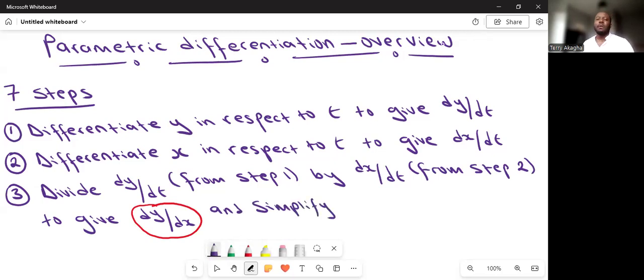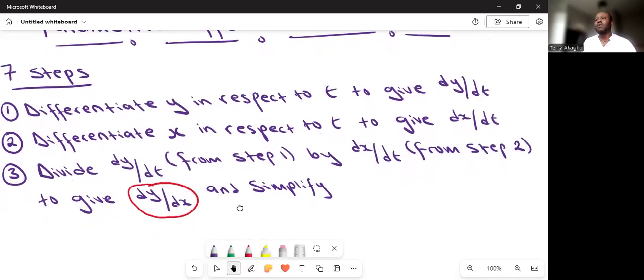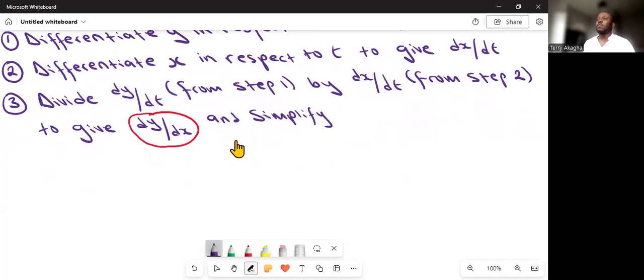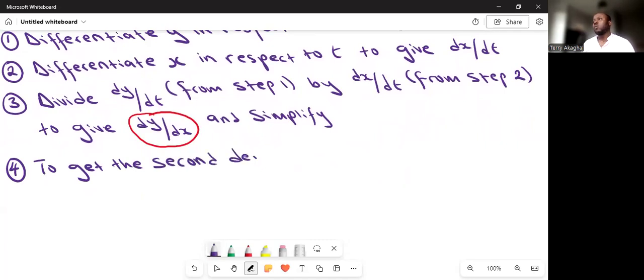Now, in some questions, they might ask you to find the second derivative. So that's step 4. If, for instance, we are told to get the second derivative, this is going to be d2y over dx squared.